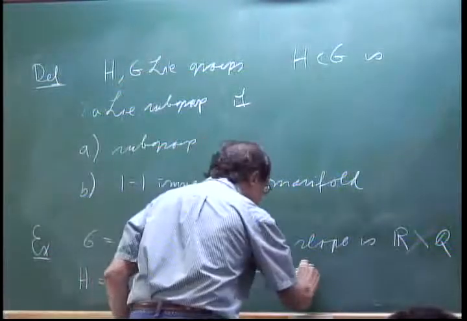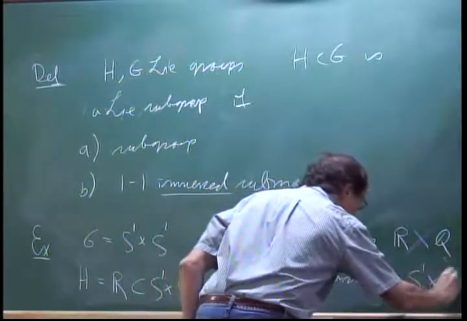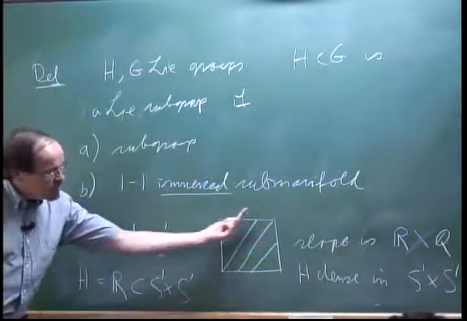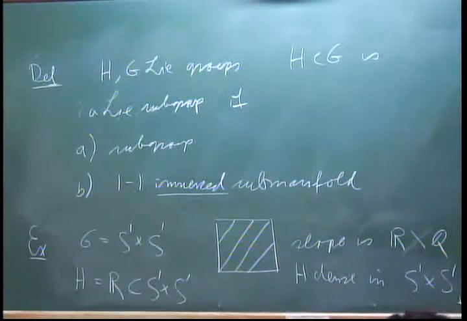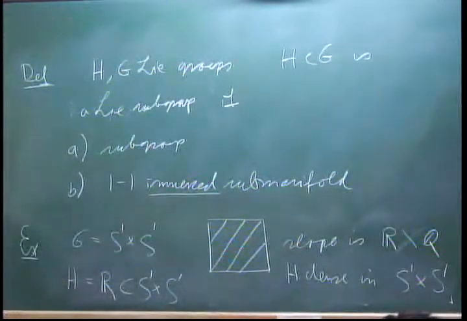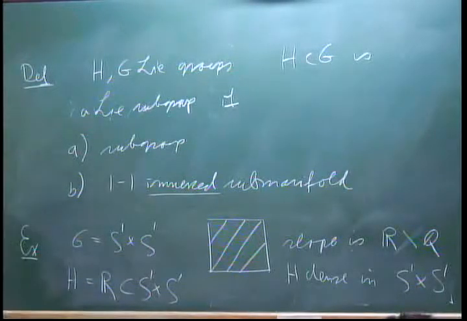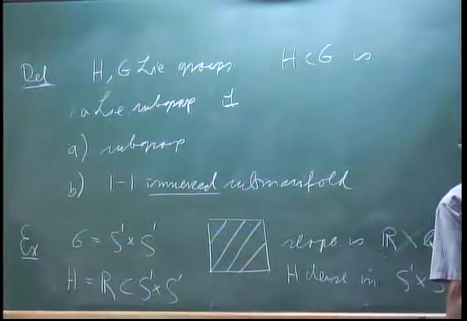So now H is dense in S1 cross S1. But certainly it's a subgroup, right? If I add two things in the straight line, I stay in the straight line. It's clearly one-to-one, it's immersed, right? So it should be considered as a Lie subgroup of the torus. But of course, the subspace topology is not the topology of the subgroup. Okay, and thus such things have to be allowed. And we're going to see shortly why it's important to allow such things. So they aren't always embedded.